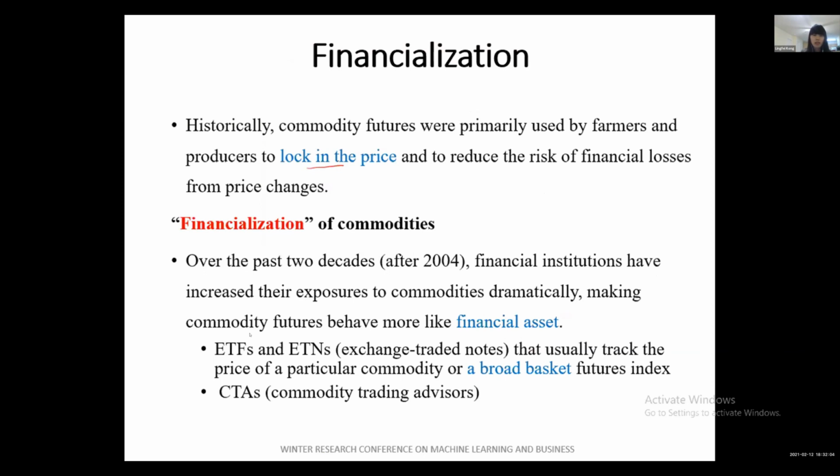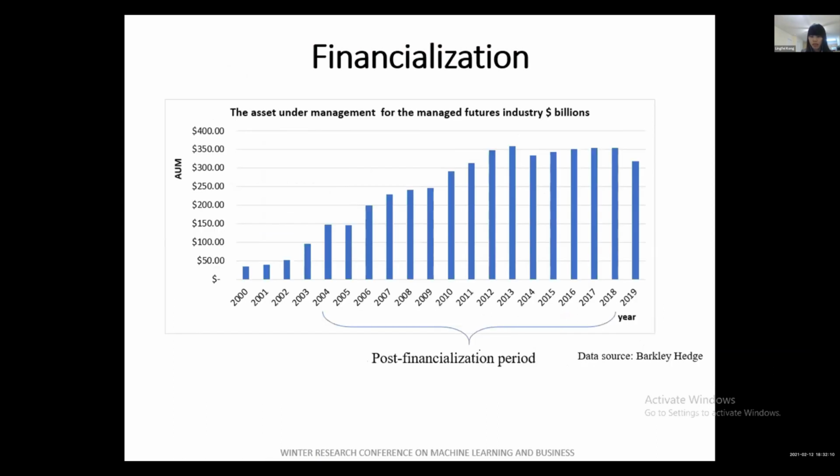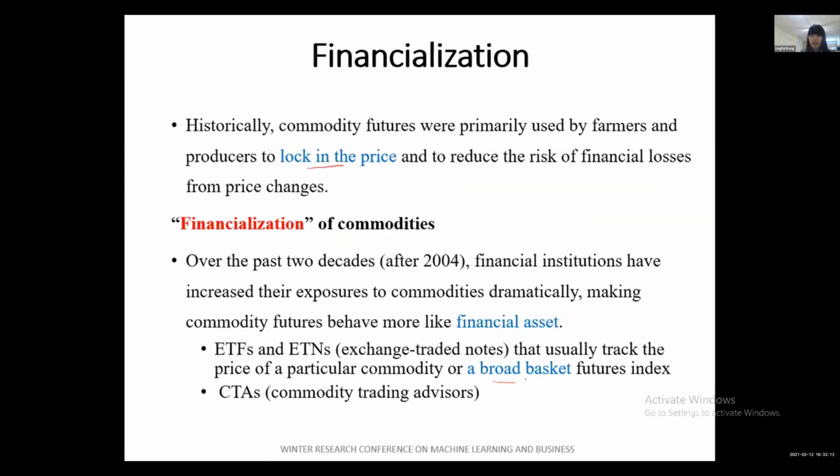These investments include ETFs, ETNs that closely track the price of a single commodity or a broad basket of futures index. And also commodity trading advisors mainly use trend-based strategies.